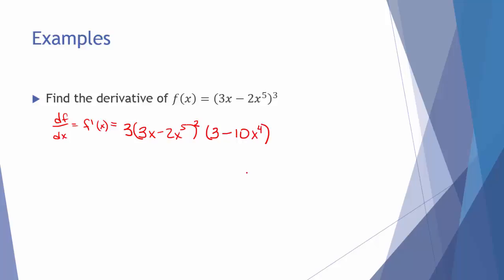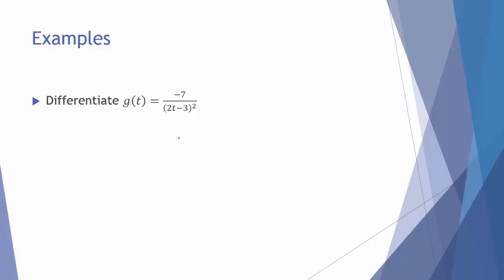So that's its derivative. If we want to differentiate g of t equals negative 7 divided by 2t minus 3 squared, we actually can go about this 2 different ways. If your inclination is to use quotient rule, that will work out. Let me do it that way first.